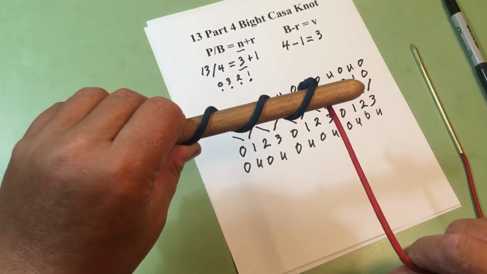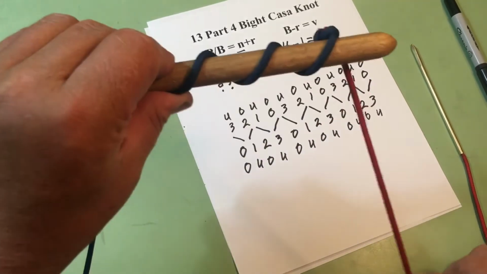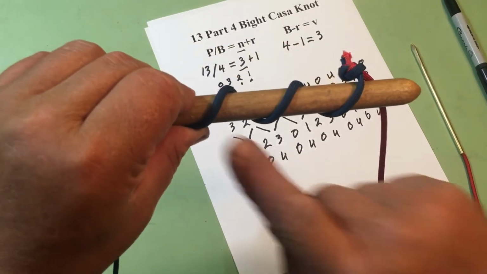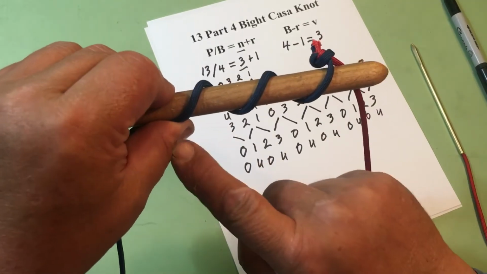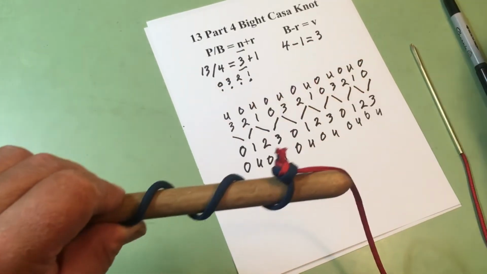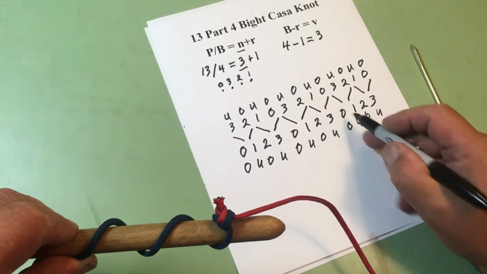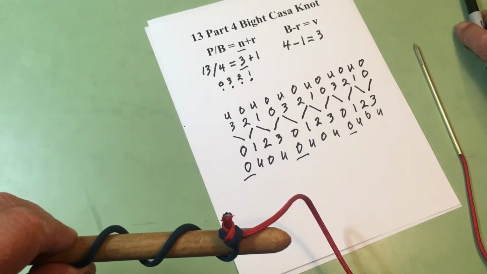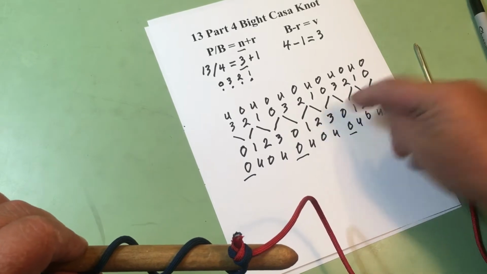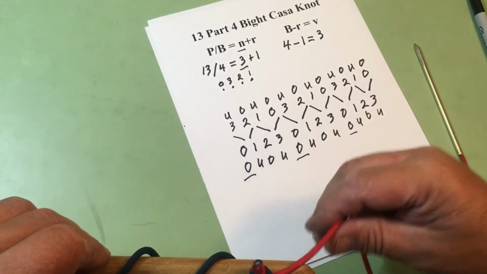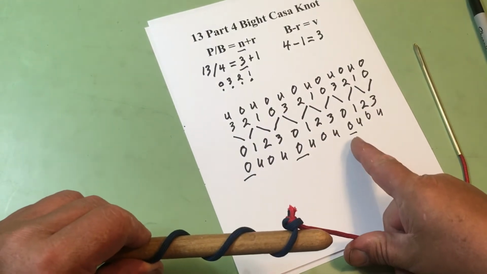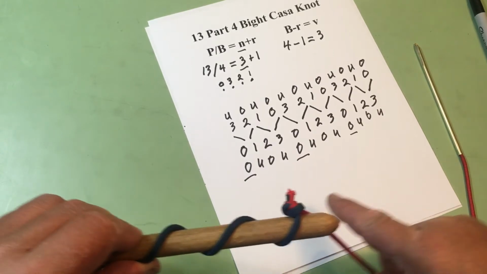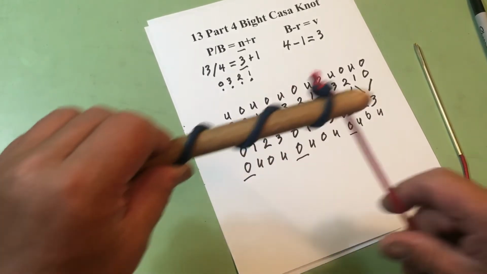Now we're going to look, that's our first half cycle. And that would be our standing part. Now we're looking for zeros. There's one, and there's one. Now, since we're looking for 0 on this bottom line, that is going to be our crossing our blue string.